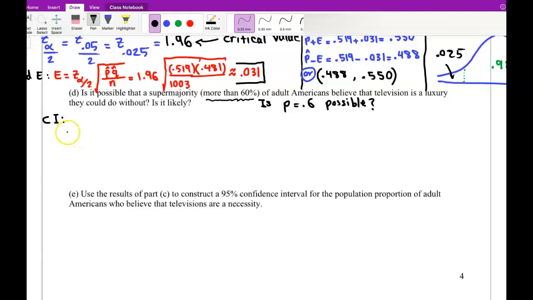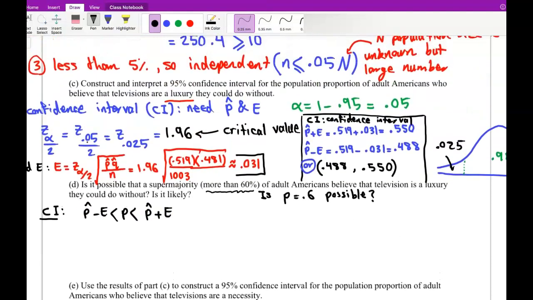So our confidence interval is p hat minus error, and the side p hat plus error. From previous part, see here, in this part also, they believe that televisions are a luxury. Here we have same thing, televisions is luxury. That's why I can use what I got here for confidence interval.